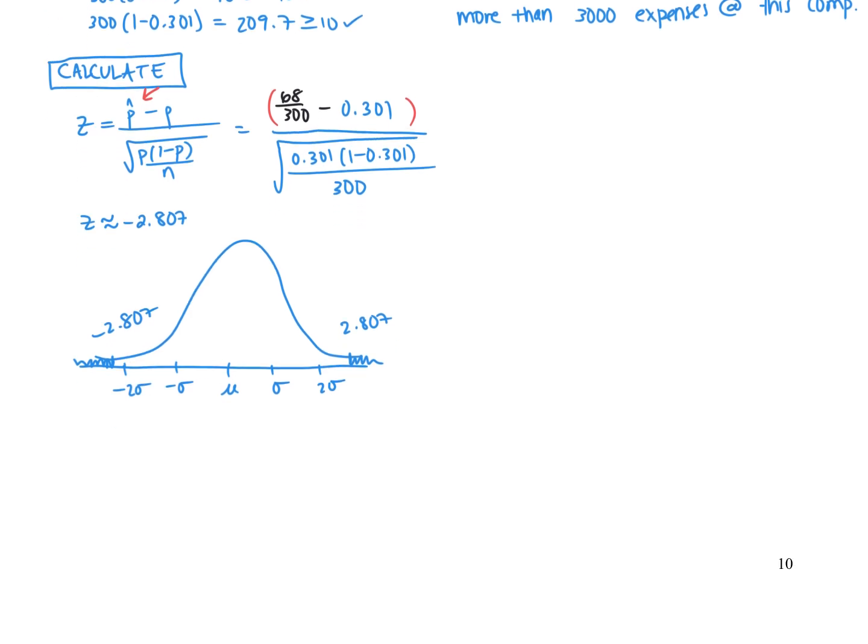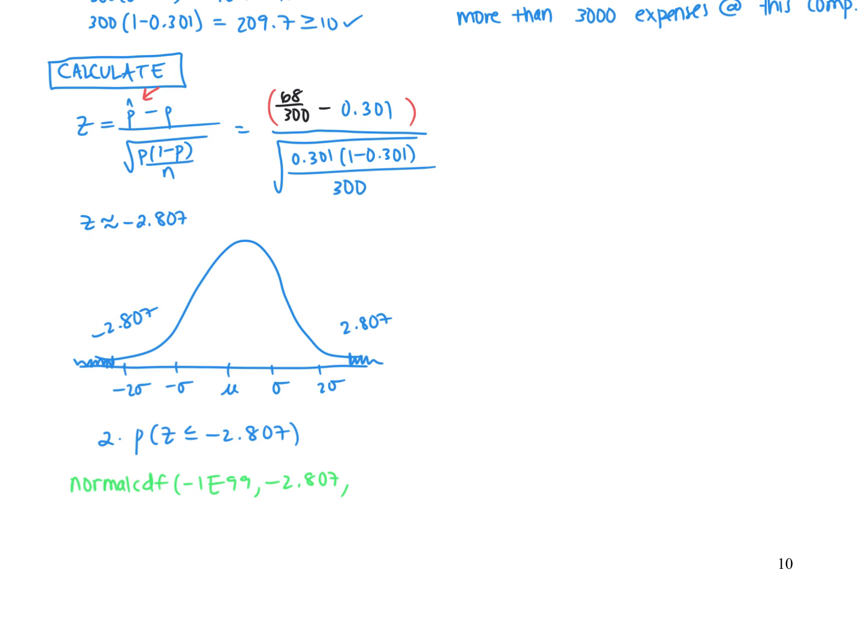On our calculators, we would go to normal CDF. So what I'm doing, if I'm finding this one, I'm finding the probability that z is less than or equal to negative 2.807, but then I'm going to double that because there's two tails. So please right now make sure that you know how to do this on the calculator. You're going to go to normal CDF. Our lower bound is a big number, and we're going up to negative 2.807.